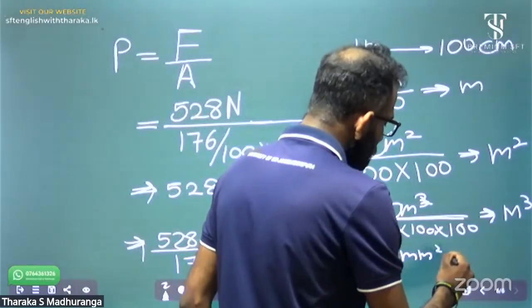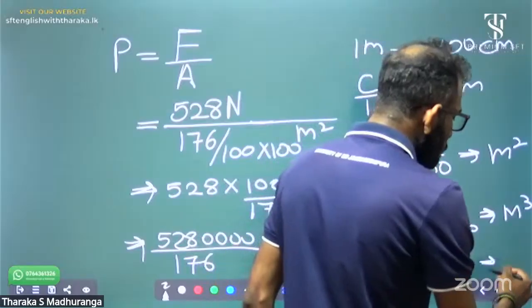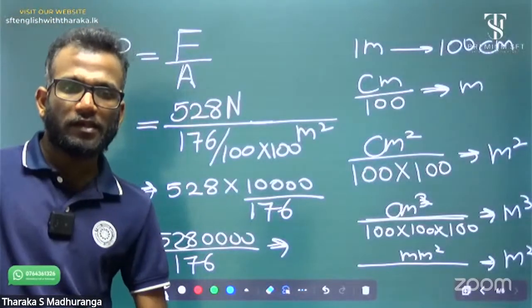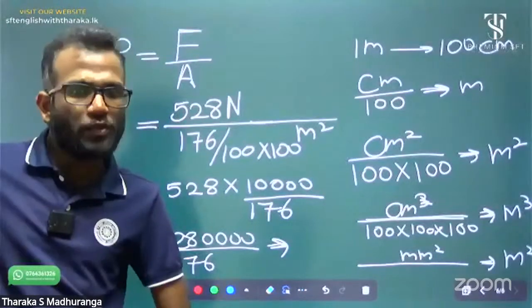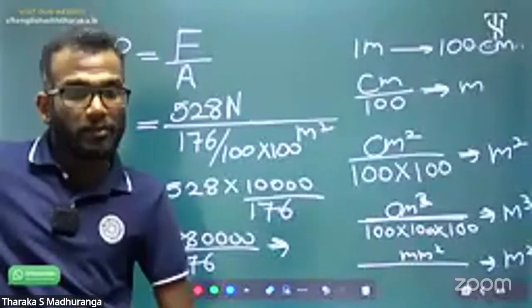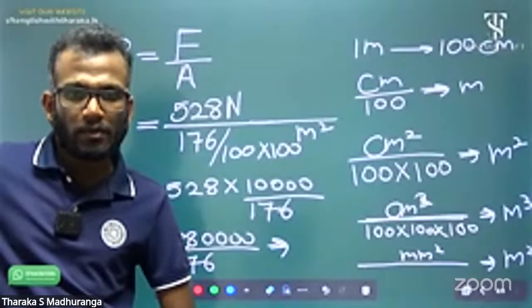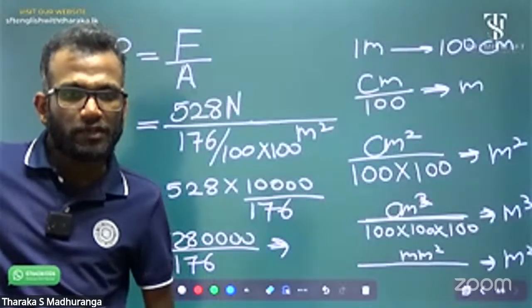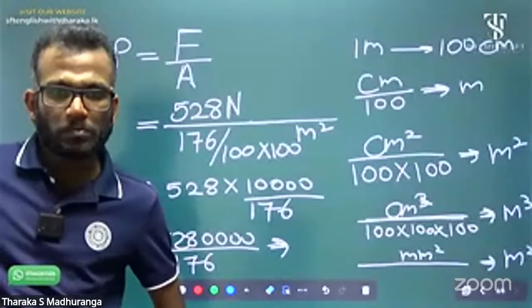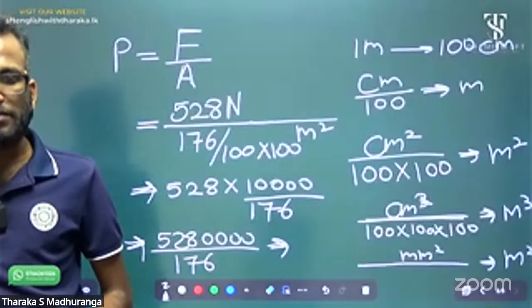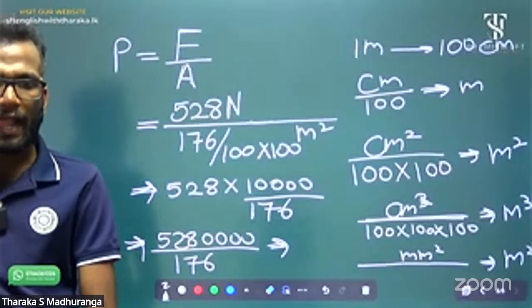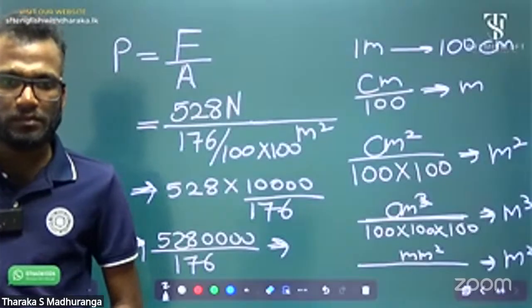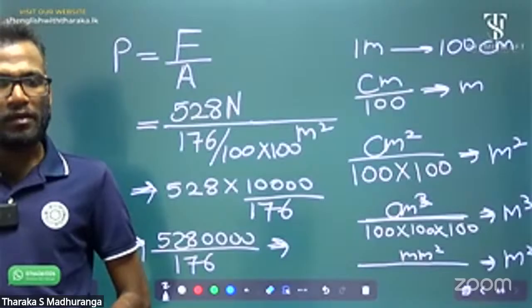Square millimeter, how can you convert it into square meter, the standard unit?